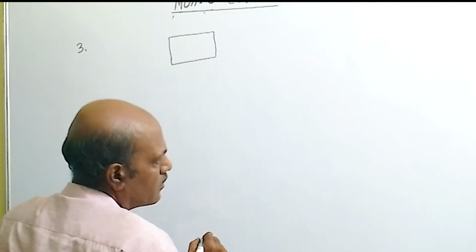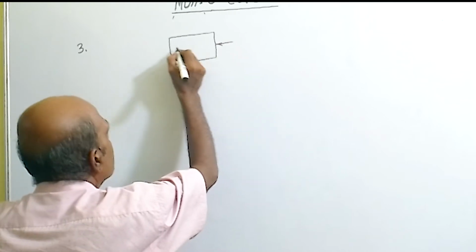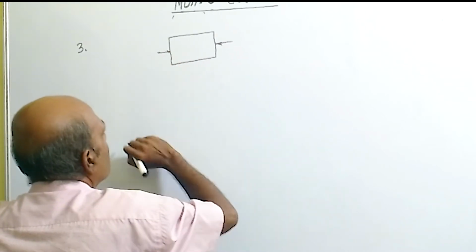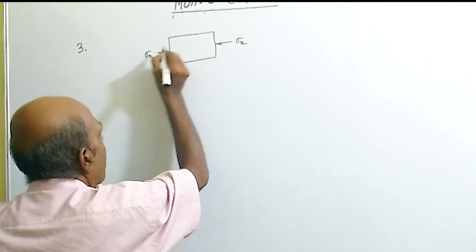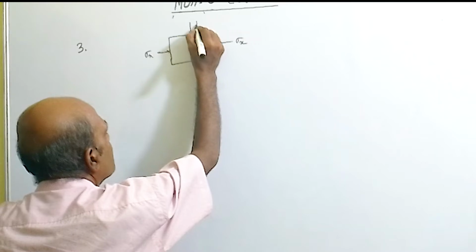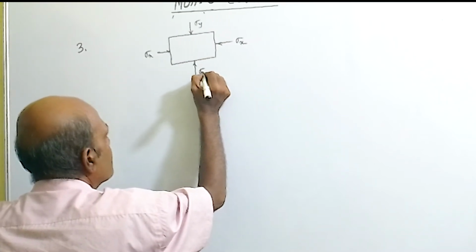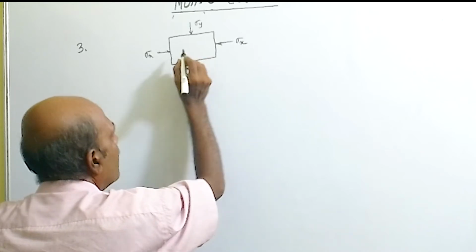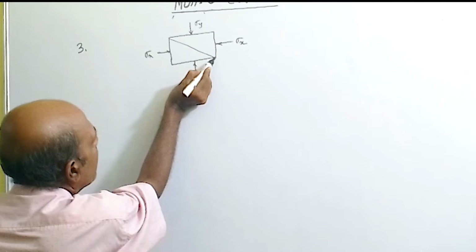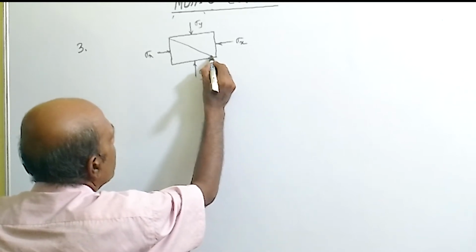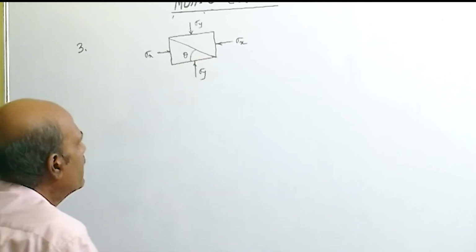First you find that out. Sigma x is a compressive stress, and sigma y is also a compressive stress. Let the inclined plane make an angle theta with the negative x direction.